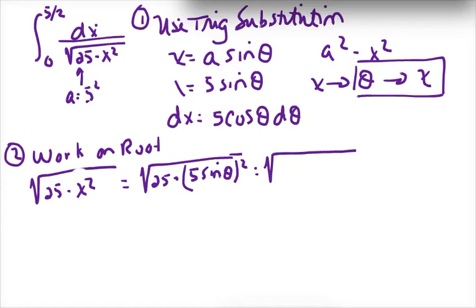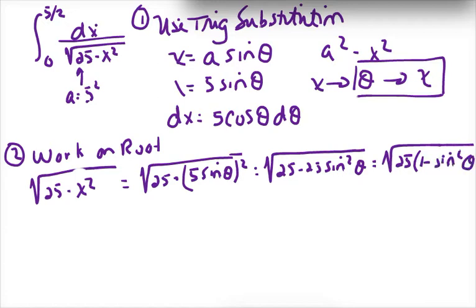So algebraically, this becomes this when I apply the power to both factors. I'm going to factor out a 25, and I'm left with 1 minus sine squared of theta. I'm going to make a substitution, and hopefully you recognize that this is just cosine squared theta.